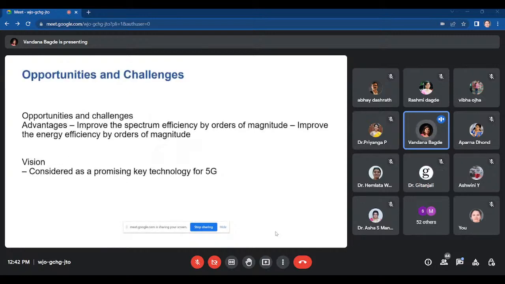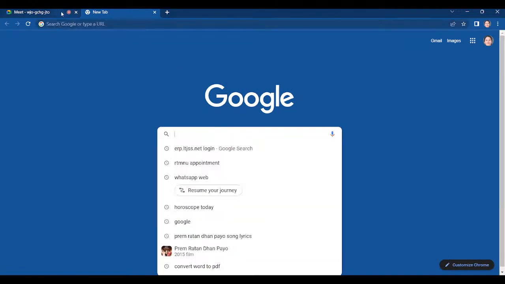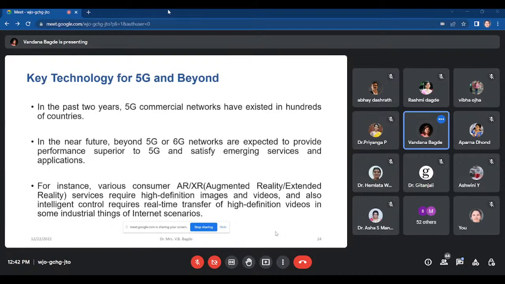But still there are a lot of opportunities and challenges as far as 5G is concerned, and we are unable to deploy it at our place, but a lot of research work is going on in deploying it. So the vision is that it is a promising key technology for 5G and beyond. In the past two years, you might have observed that 5G commercial networks have come into effect in hundreds of countries.